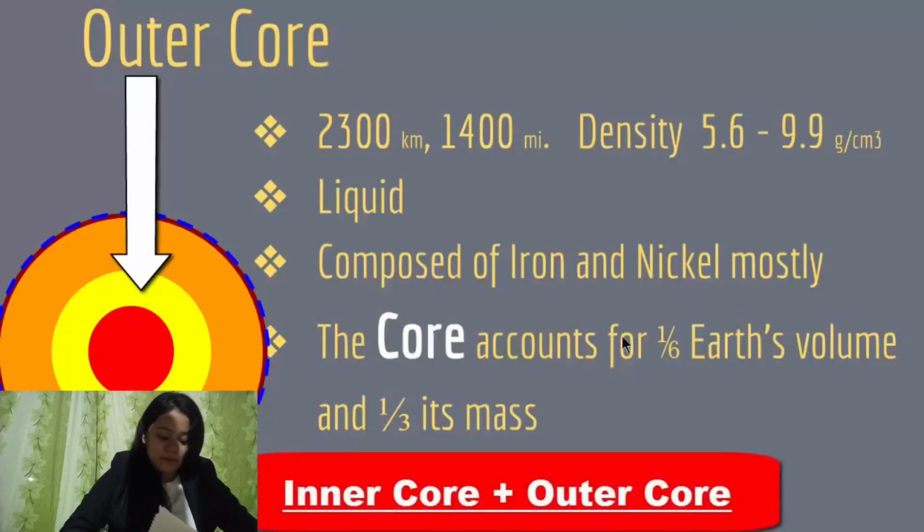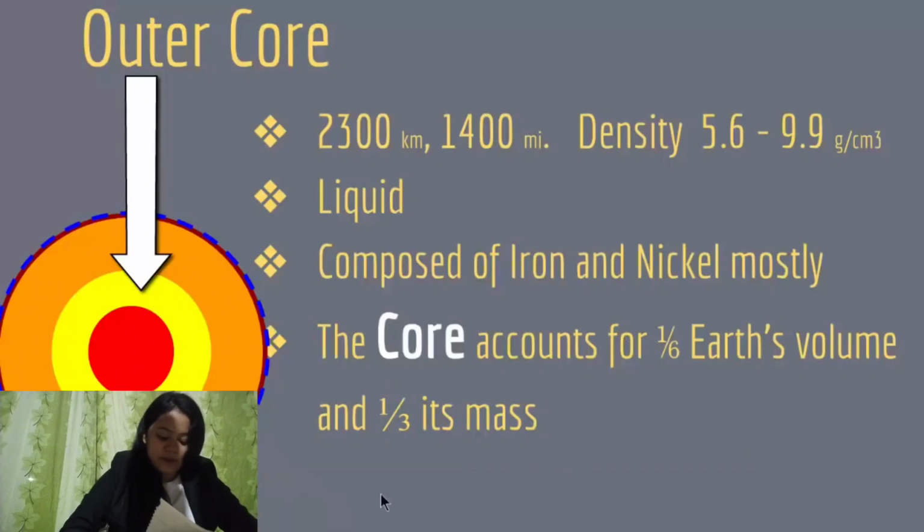So far we had the crust being solid, and the mantle in a plastic state, which is not solid, not molten, but in between. The outer core is liquid, and it is composed of iron and nickel mostly. The core accounts for 1/6 of Earth's volume and 1/3 of its mass.